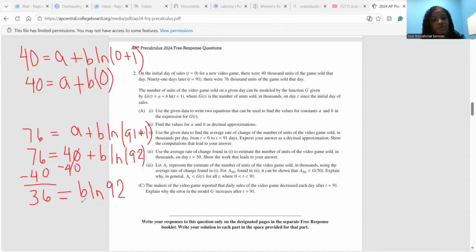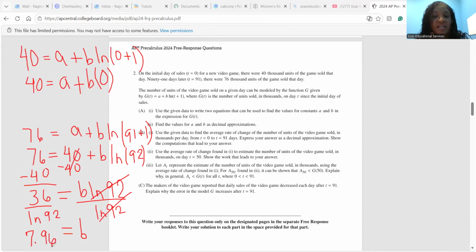And then we're going to divide by the natural log of 92 to isolate B. So 36 divided by the natural log of 92, and that gave me 7.96. So now we've solved for A and B.